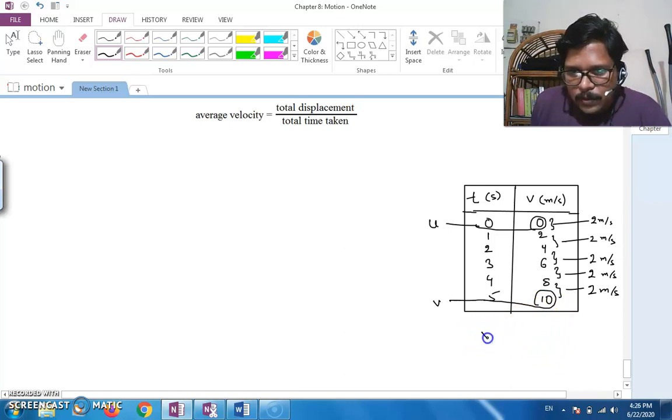So the average velocity v_av equals (u plus v) by 2, that is the mean of the initial and final velocities.